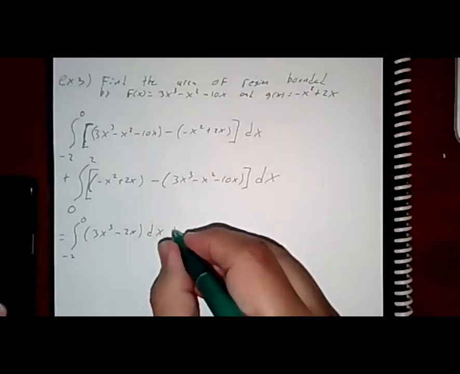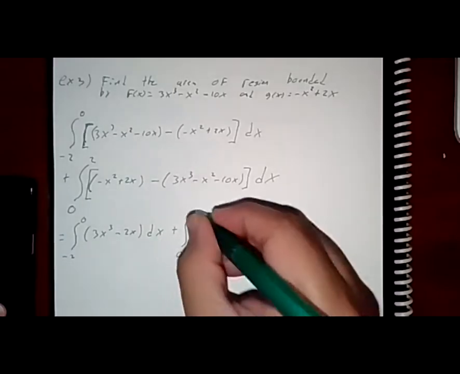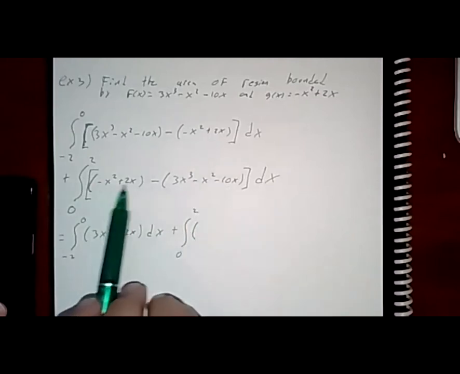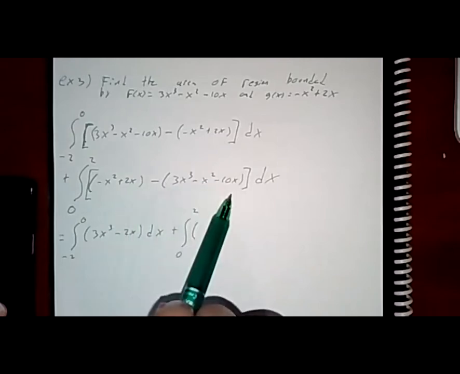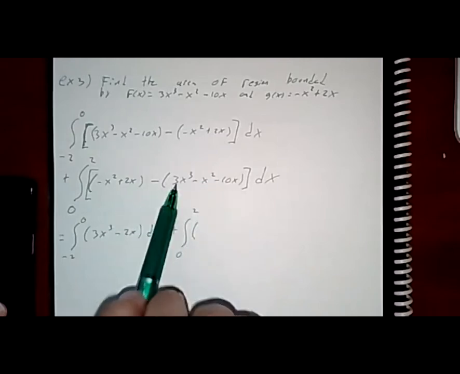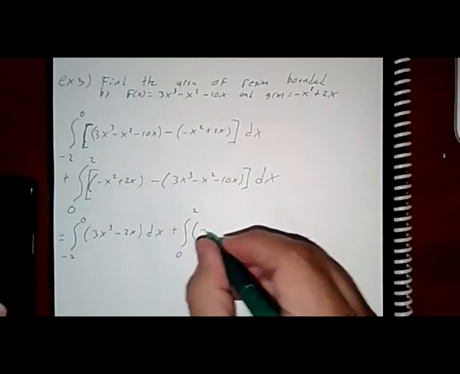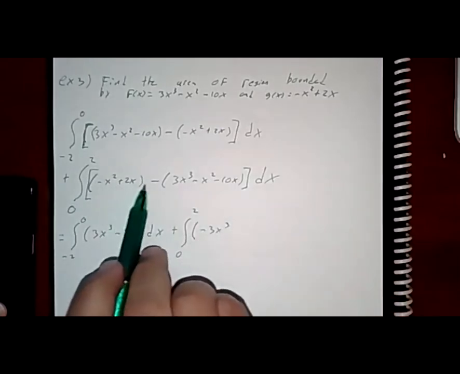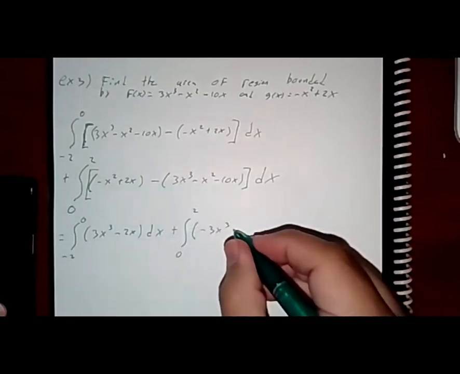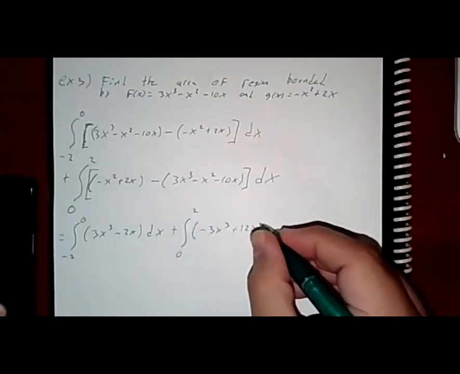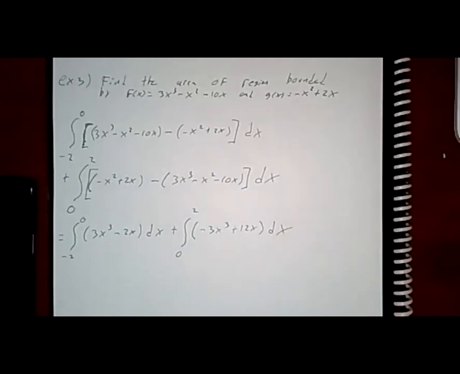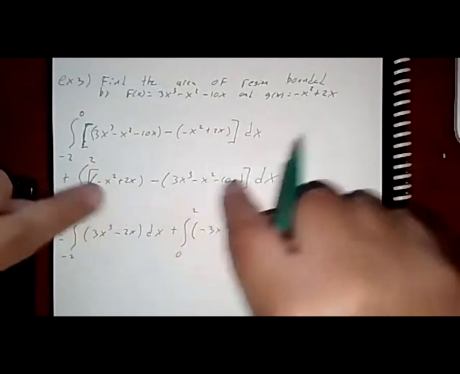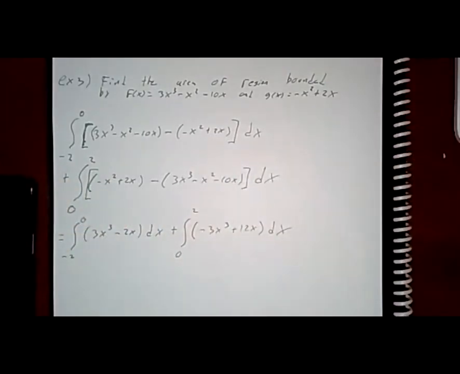Now plus the other integral, 0 to 2. Negative x squared minus minus, so that x squared is gone. Minus 3x cubed will still be there. 2x minus minus 10x, that's plus, so that'll be plus 12x. So just do some algebra, distribute the negative, combine like terms. That's all I did. Nothing fancy.